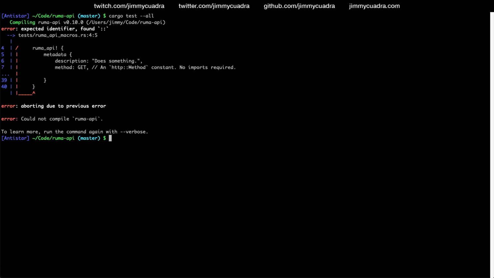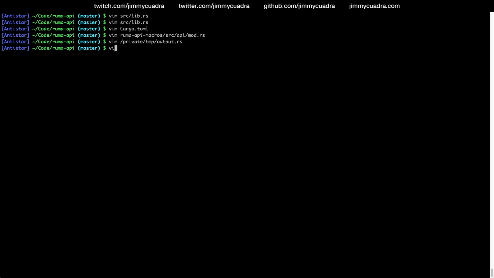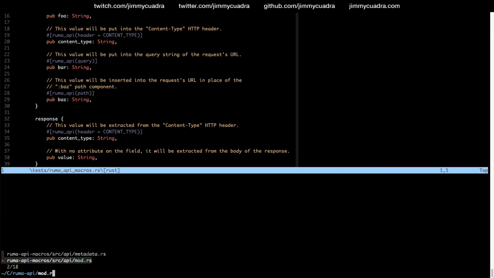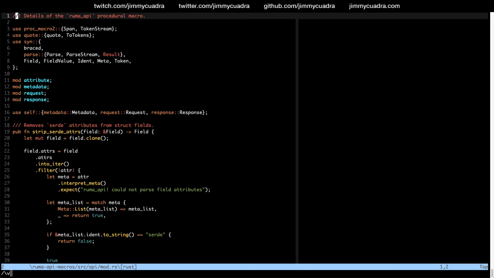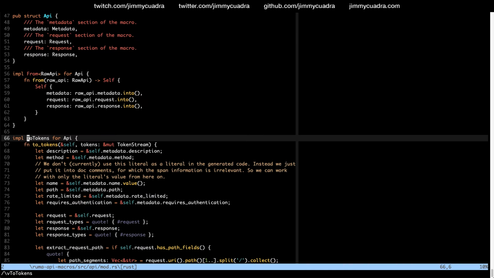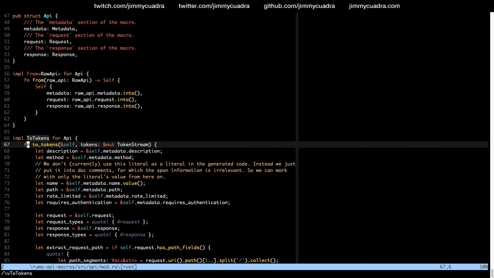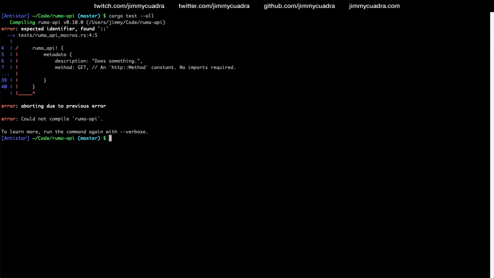This is really frustrating. Okay, so we'll open the test and we'll open mod.rs again. Now, 2 tokens. Expected identifier found double colon.